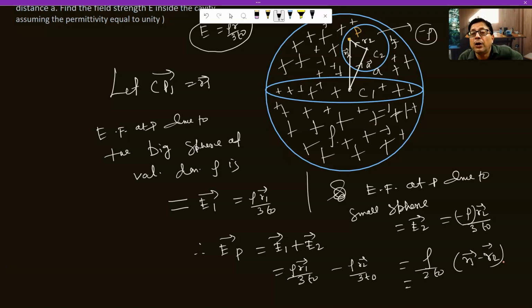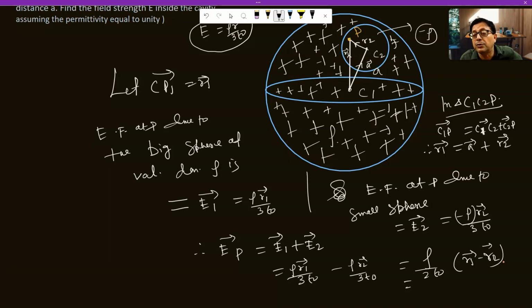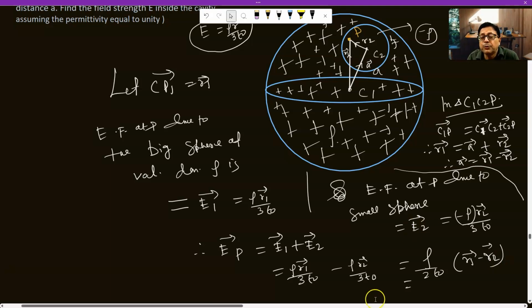So by triangle law, in triangle C1C2P, C1P equals C1C2 plus C2P. C1P is R1, C1C2 is A, C2P is R2. Clear? Therefore, A equals R1 minus R2. Clear? You just put it there.